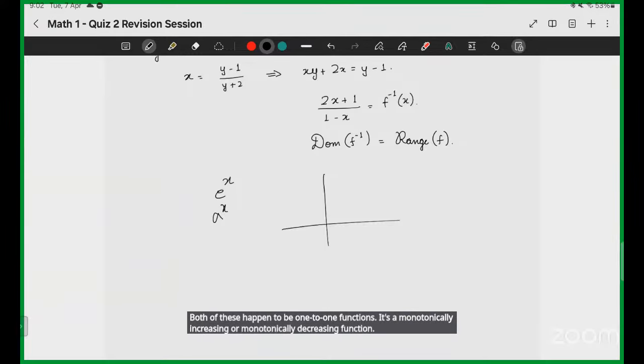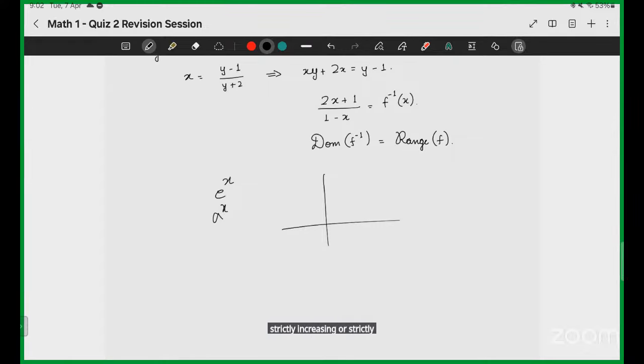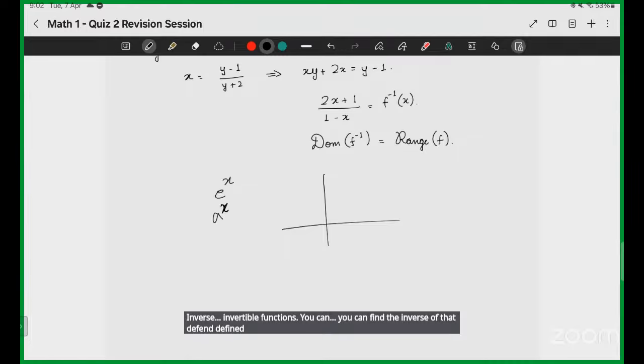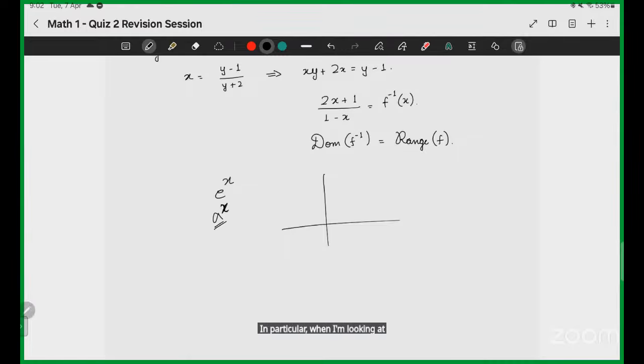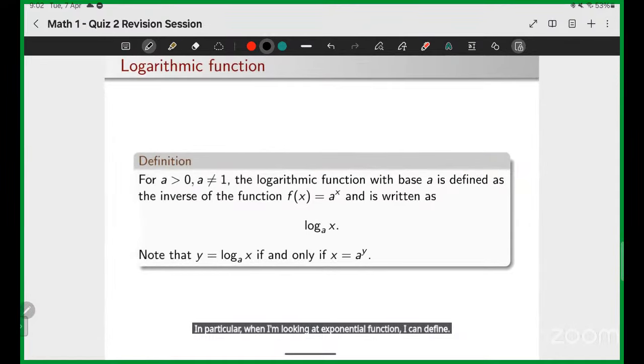So strictly increasing or strictly decreasing functions are very clearly invertible functions. You can find the inverse of that defined on the range of the function. In particular, for the exponential function, I can define the inverse with respect to any base.